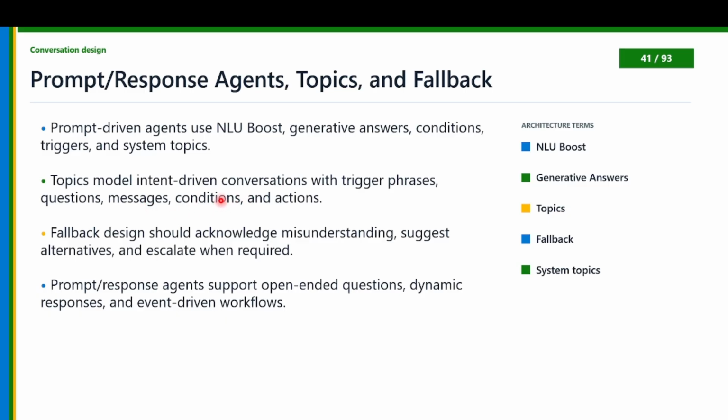Then it contains conditions, the answers it can generate and the ones it cannot generate, and it contains actions. So the action that the agent should take whenever it receives a question or an input from the user. So this is what a topic model contains: trigger phrases, questions, messages, conditions, and actions.